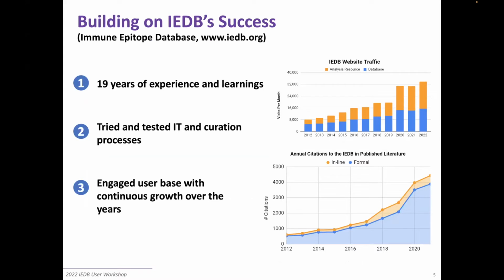So one of the strengths of the CEDAR initiative is that we can capitalize on 20 years of having been working on curating epitopes in the context of the IEDB and developing predictive tools in the context of the IEDB analysis resources.